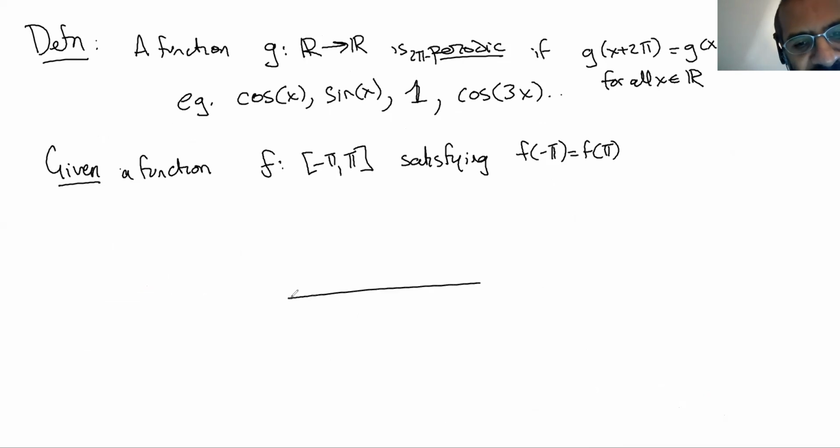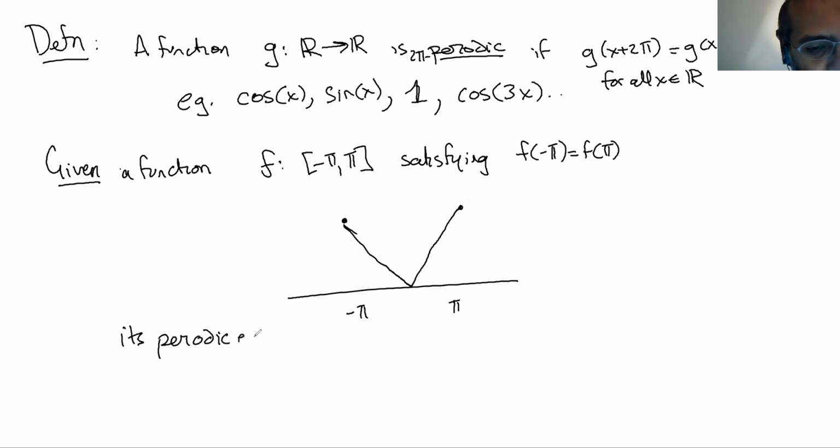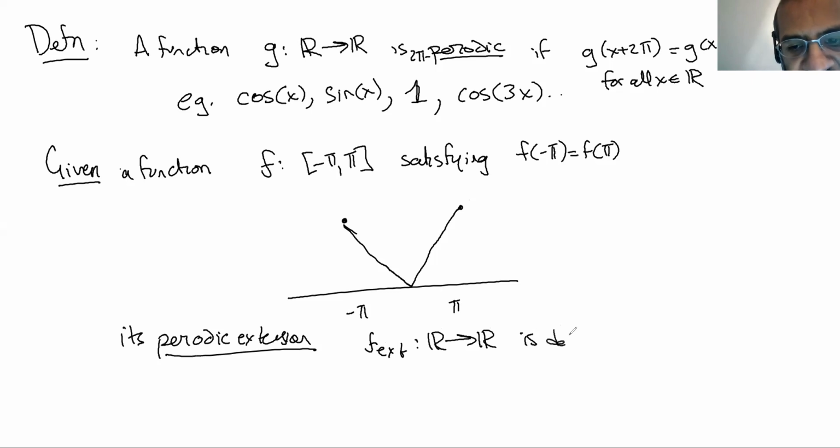Let's say I'm given a function that looks like this, from minus pi to pi, and at minus pi and pi it has the same value. The periodic extension, let's call it f tilde, is now a function from R to R, defined by f tilde of x plus 2 pi equals f tilde of x.